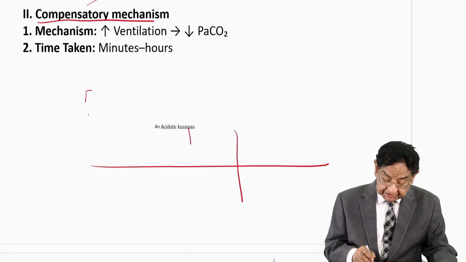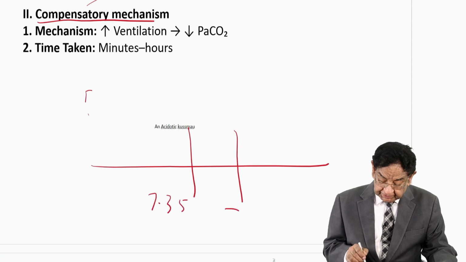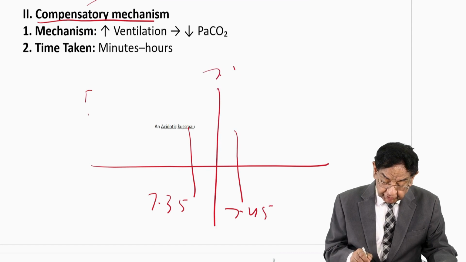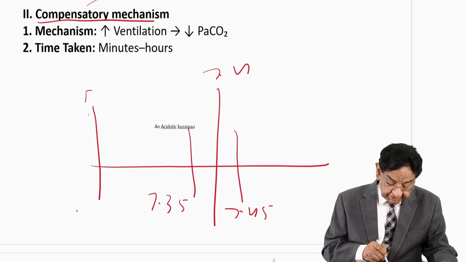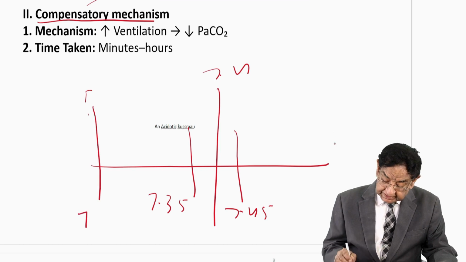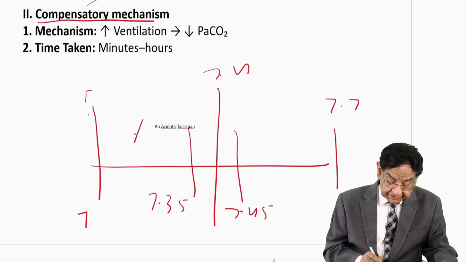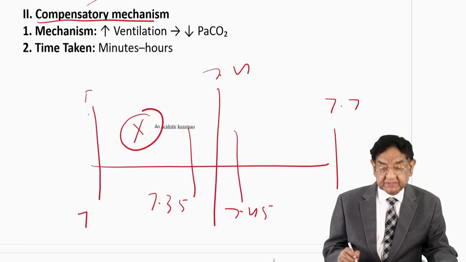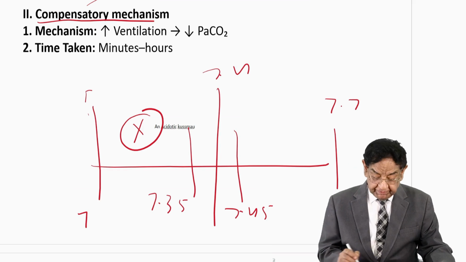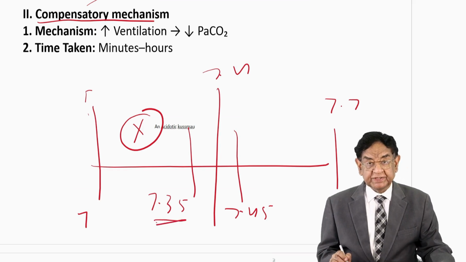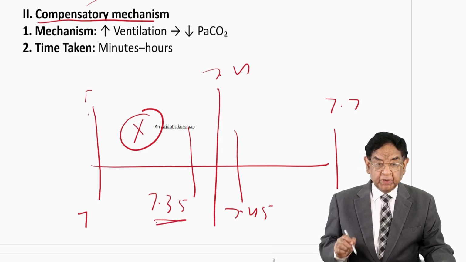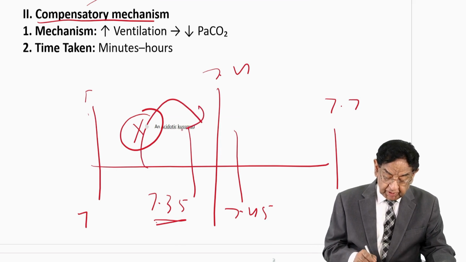Normal level is 7.35 to 7.45. Average I was taking as 7.40. This is 7 pH and this is 7.7. So when we say acidosis, the pH will be somewhere here. It will be less than 7.35.